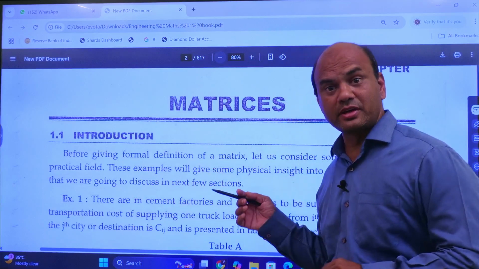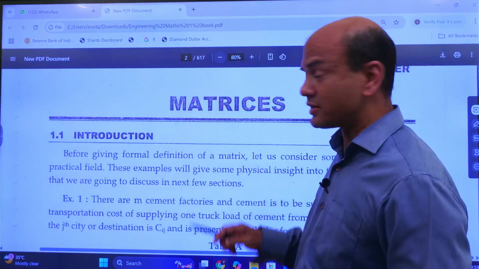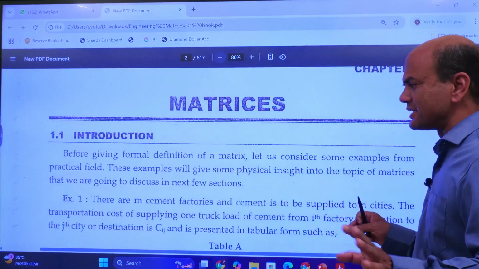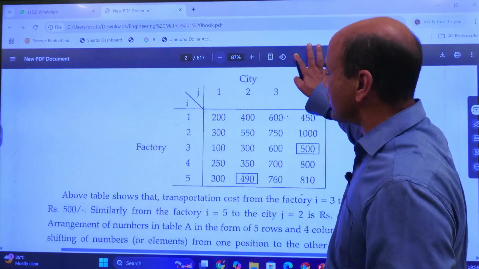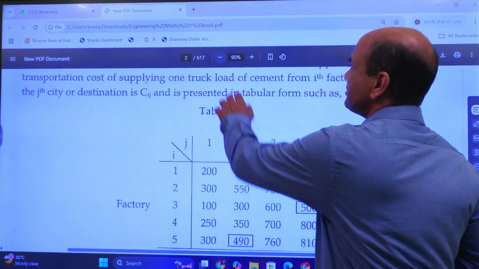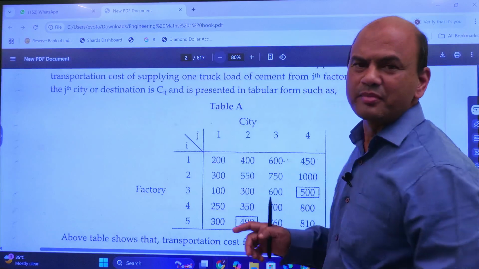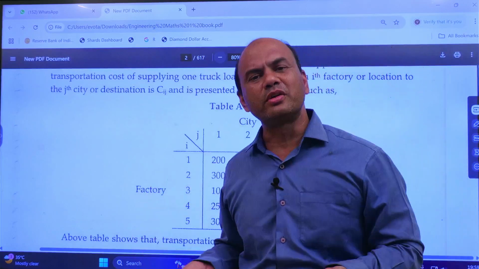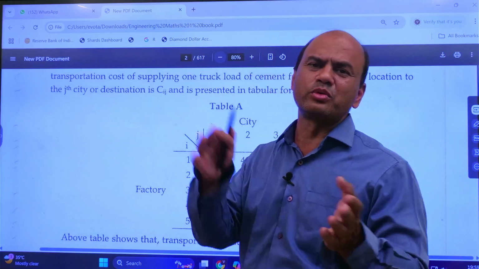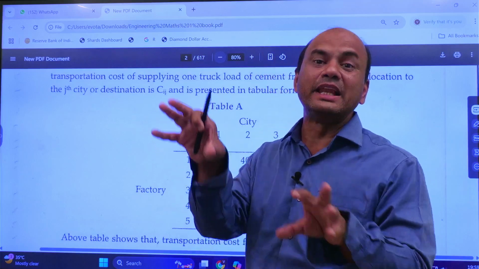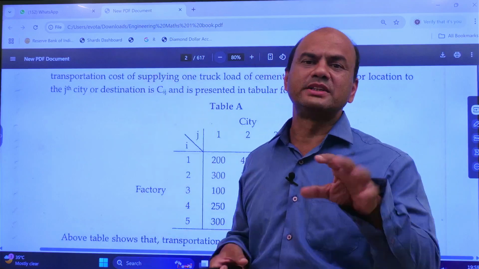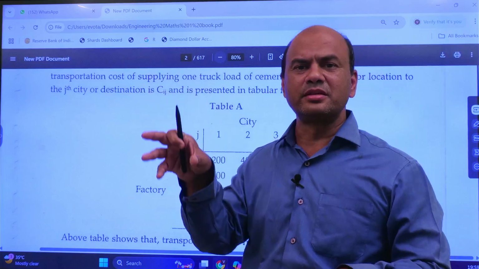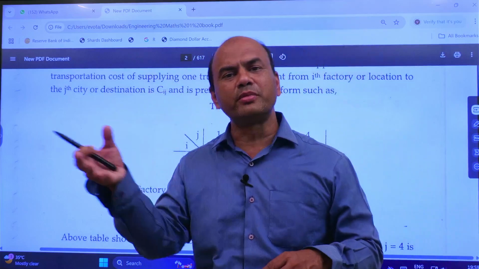So let's start with the first lecture. First is matrices. Now, definition and everything, I'll just explain the concept. What is a matrix basically? It's an arrangement of two separate sets of elements, like sales versus time, or city versus mode of movement.